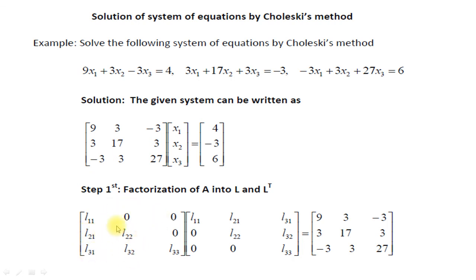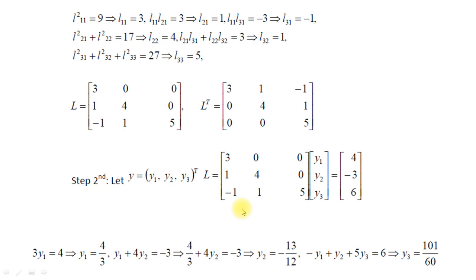When you find these 6 unknowns, putting them in this matrix you will obtain the lower triangular matrix, and taking directly the transpose of the lower triangular matrix, you can easily find the upper triangular matrix. So this is the L matrix and this is the upper triangular matrix, which is actually the transpose of the lower triangular matrix. Now use step number 2, LY is equal to B. This is the lower triangular matrix, this is the unknown Y matrix, and this is the B matrix.